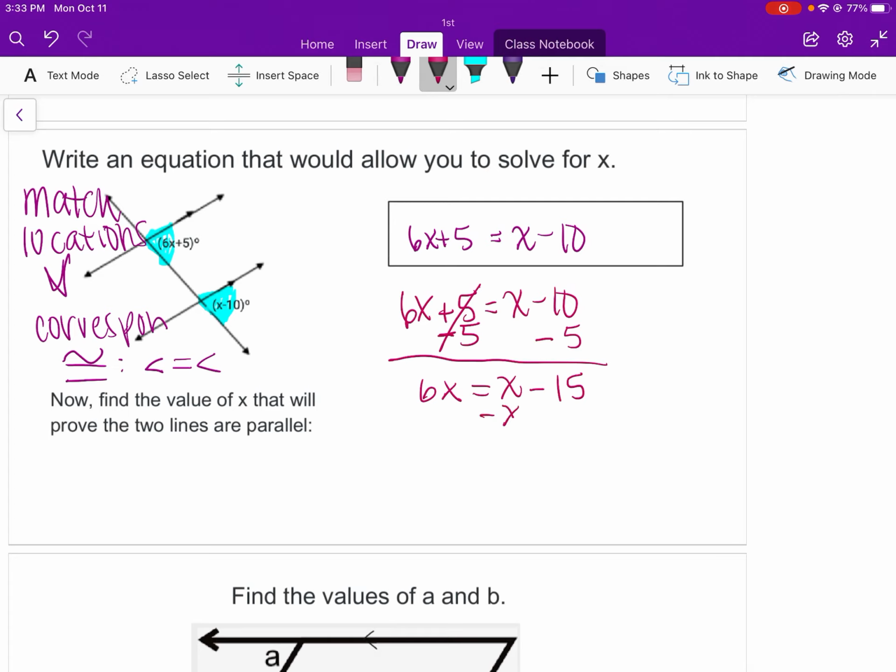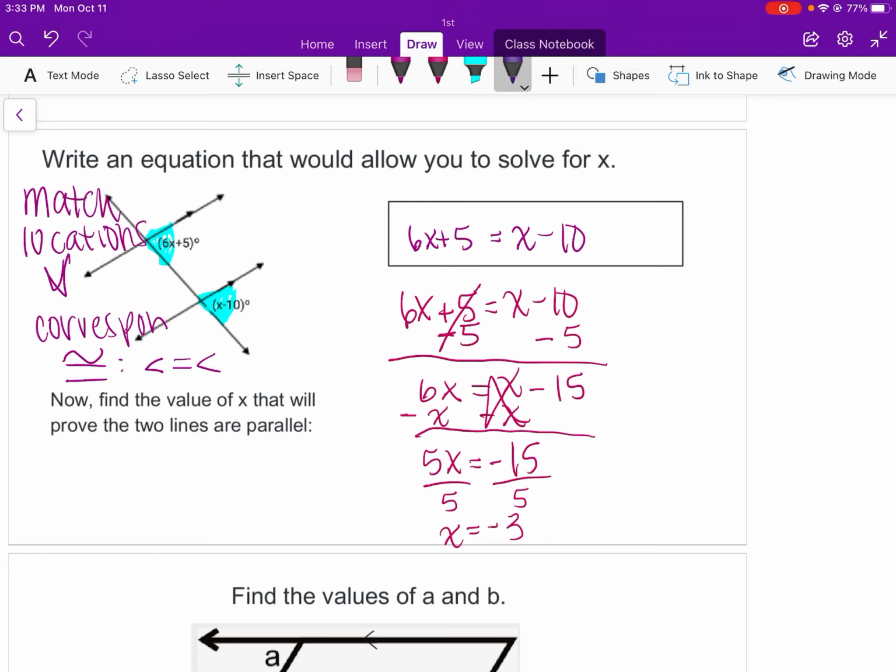Now I'm going to subtract x because I want all of my x's on one side. These two x's will cancel, and I get 5x equals negative 15. Divide by 5. Divide by 5, and I get x is equal to negative 3.